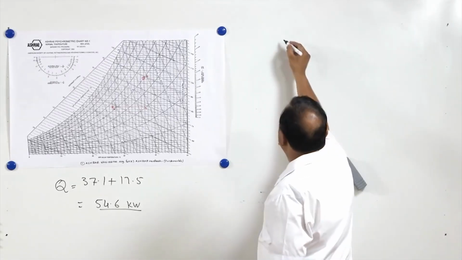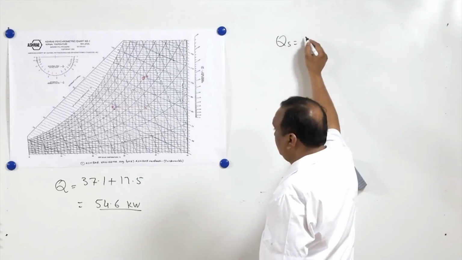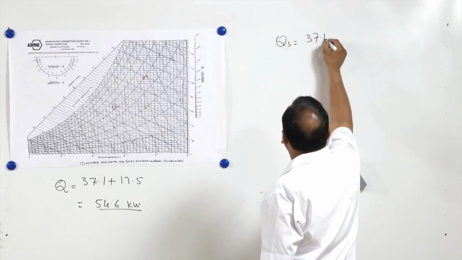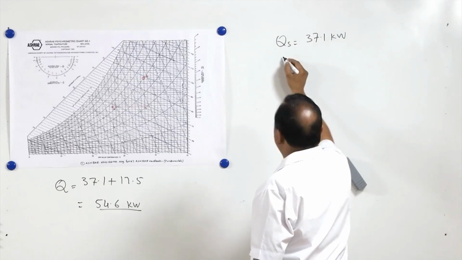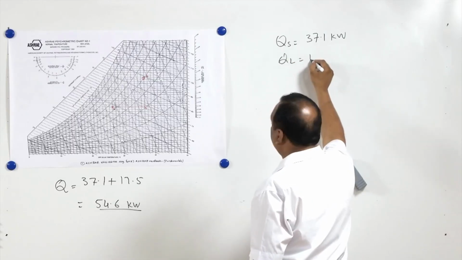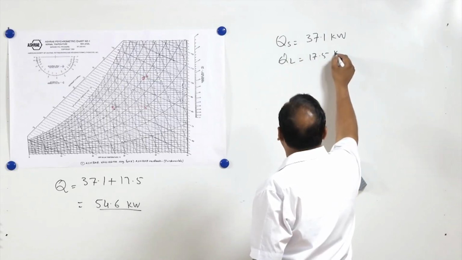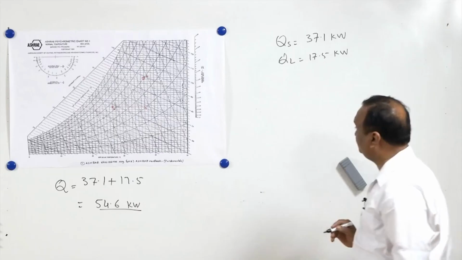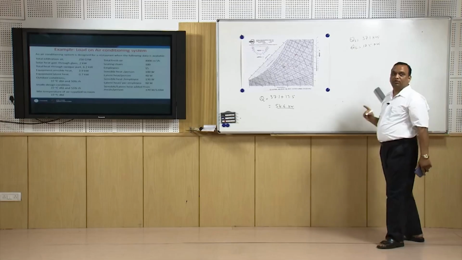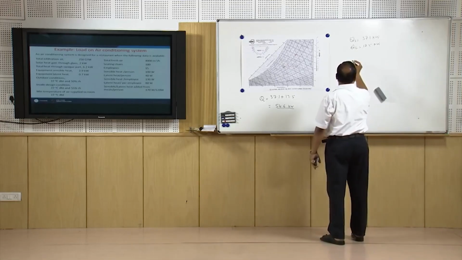So in this case, sensible heat is 37.1 kilowatt and latent heat is 17.5 kilowatt. Now the next thing we are going to do is find the sensible heat factor.